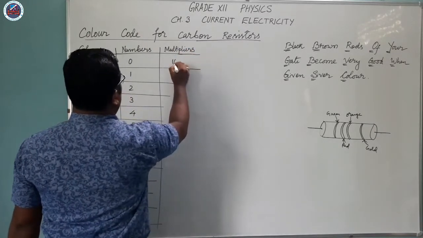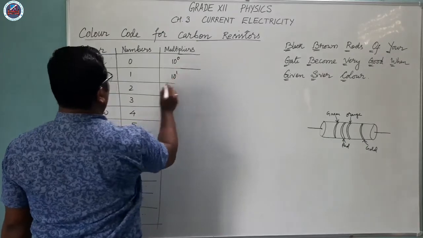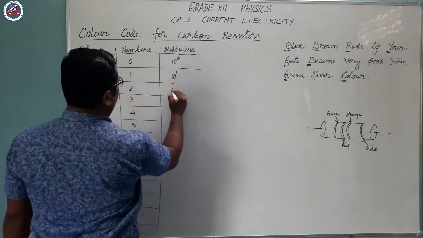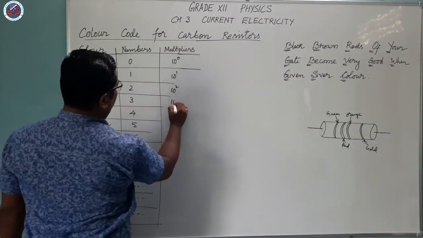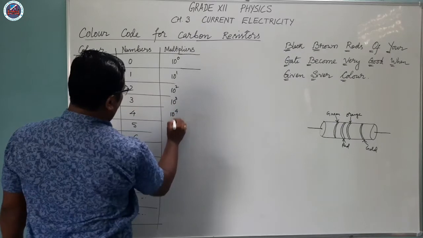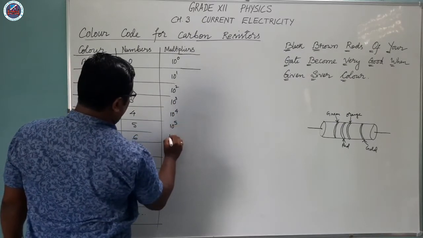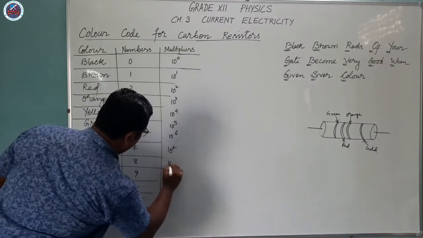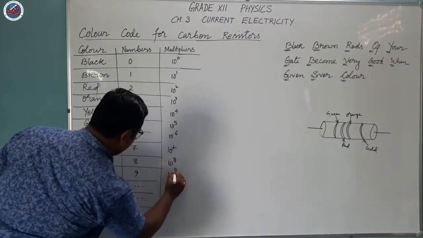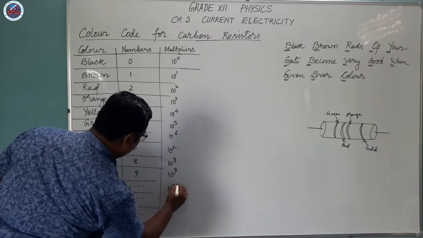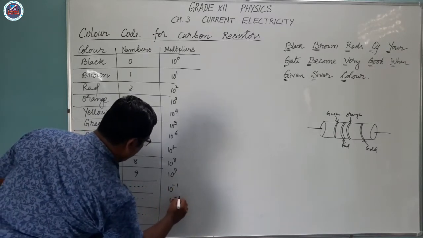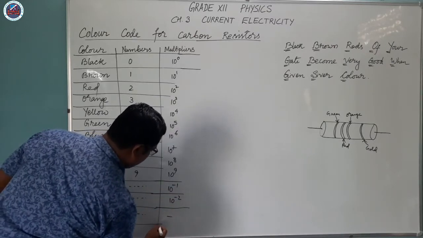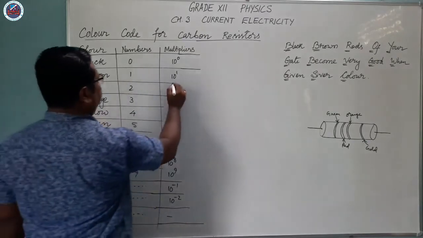Multipliers, it will start with 10 to the power 0, 10 power 1, 10 power 2, 10 power 3, 10 power 4, 10 power 5, 10 power 6, 10 power 7, 10 power 8, 10 power 9, 10 power minus 1 and 10 power minus 2. For no color again, nothing you have multiplier.